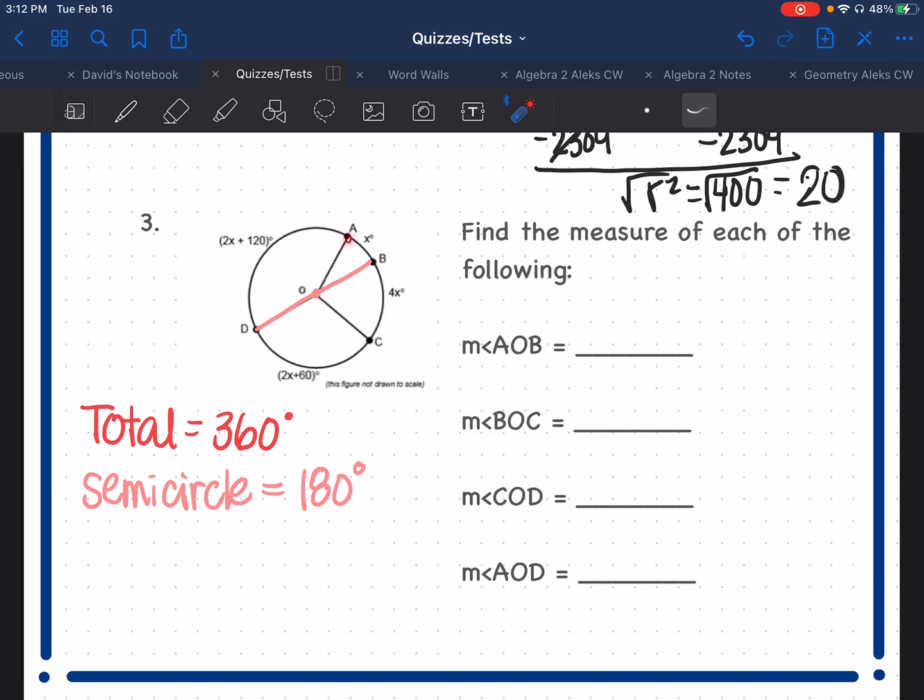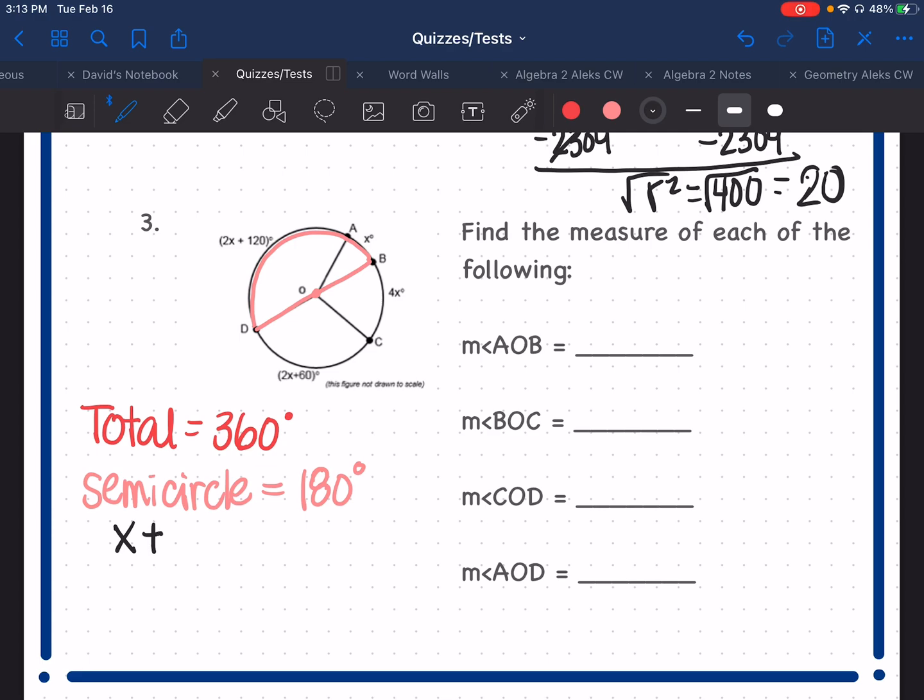I can go all the way around the circle, 360 degrees, or I could just go halfway around the circle, 180 degrees. I'm going to do 180 because it's going to be faster. I'm going to go around this way just to show you which 180 I did. But remember, the other way is 180 as well.